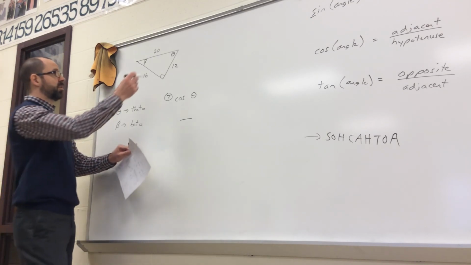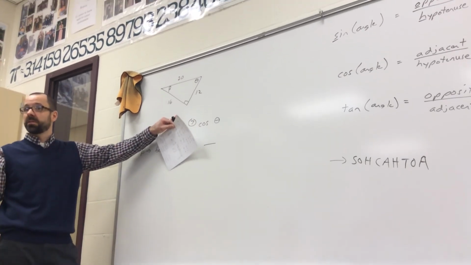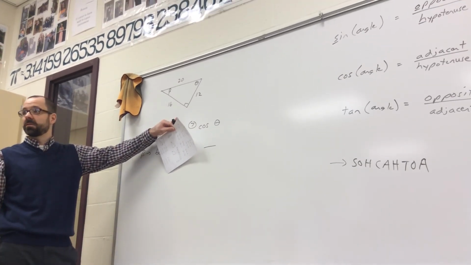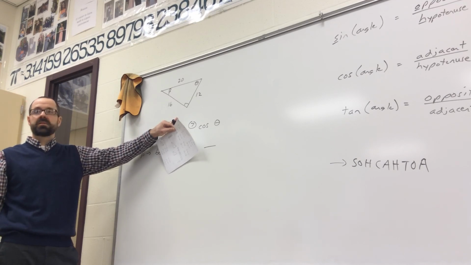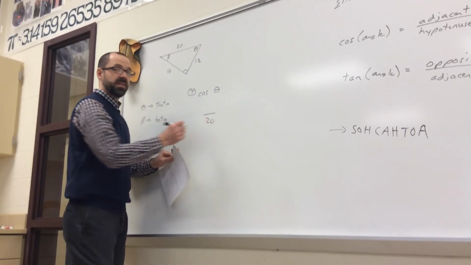All right, so what is the hypotenuse in this picture? You know this. What's the hypotenuse? It's 20, because 20 is across from the 90. Now this triangle is a little bit different than the one over there.